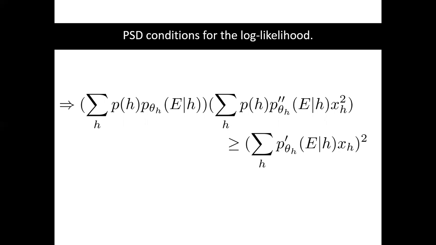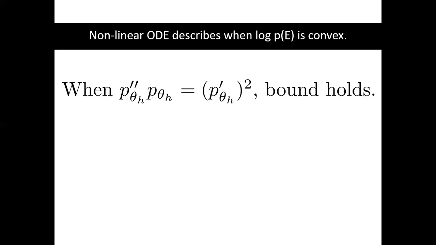However, if you apply Cauchy-Schwarz, you can find that this entire inequality is satisfied when the following equality is true. This is great news, and this is also terrible news.